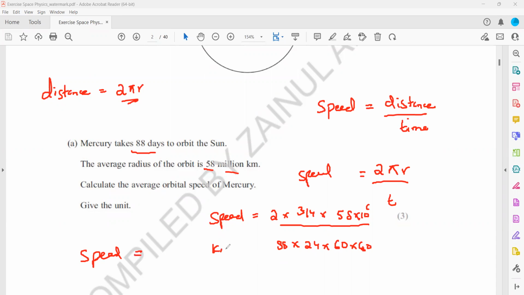The unit will be kilometers per second, because we took distance in kilometers and time in seconds. So how many kilometers does it cover every second? It is about 47.93. Write your answer in three significant figures, so 47.9 kilometers per second, or you can round off to 48.